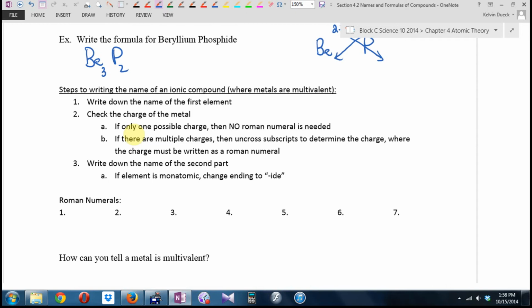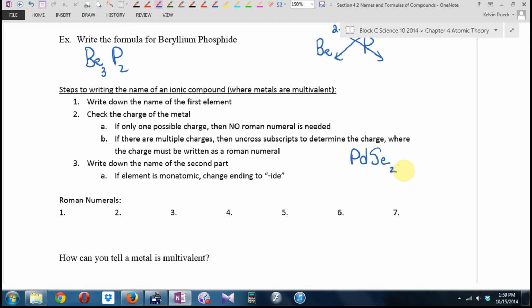Suppose I gave you, and I'm just going to make one up here, PdSe2. And I wanted to figure out on the first one, which is, I think, palladium, what charge it has.